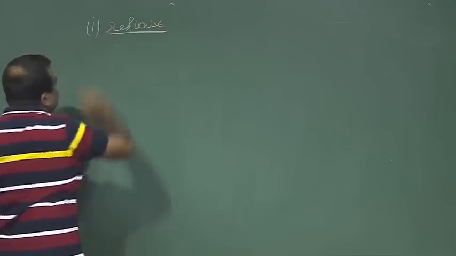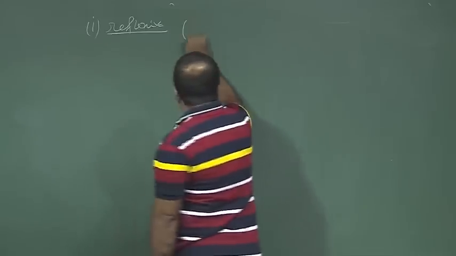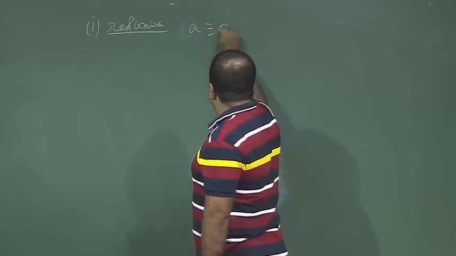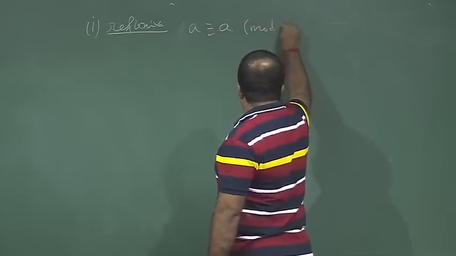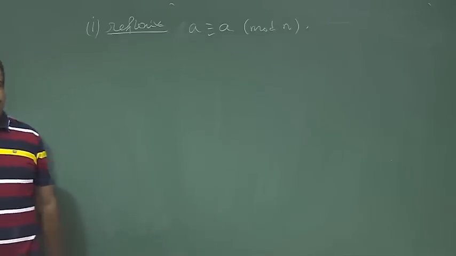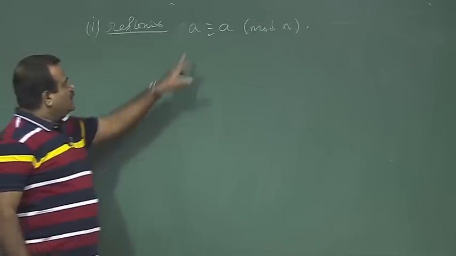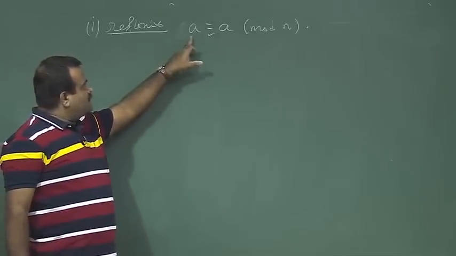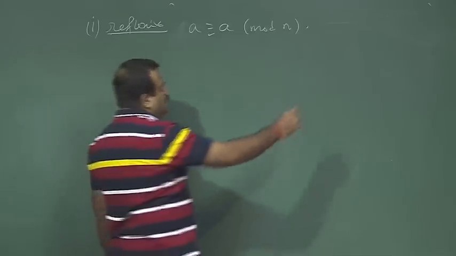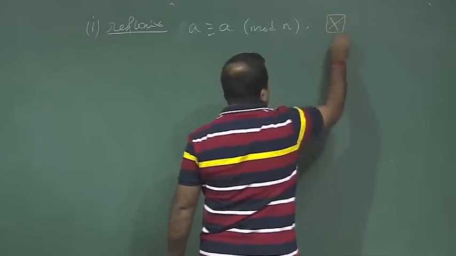Reflexive means a must be related with a, so a must be congruent to a mod n. This is quite obvious, because if we divide a by n, the remainder is the same as when we divide a by n. Nothing to prove here.